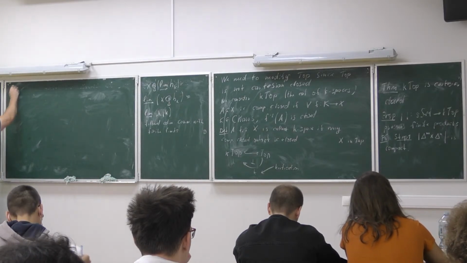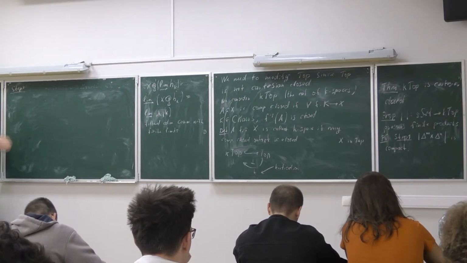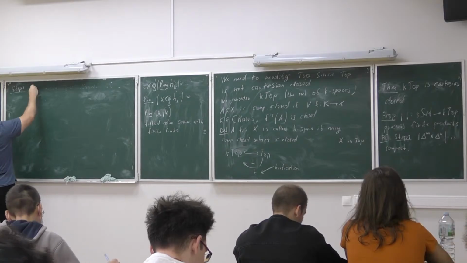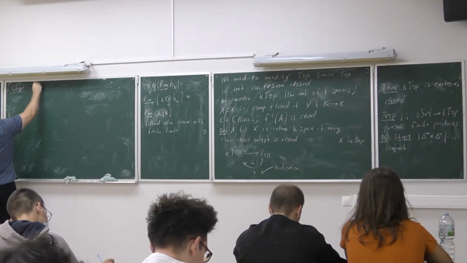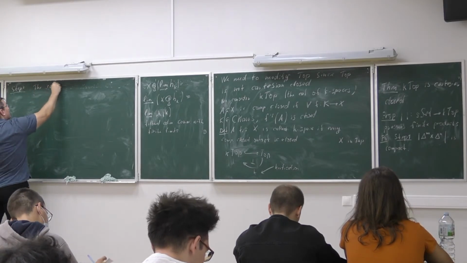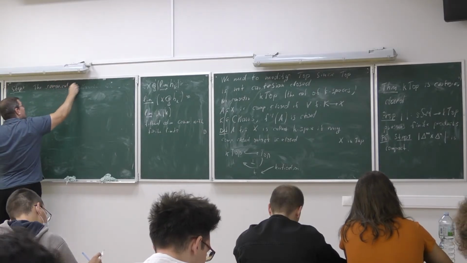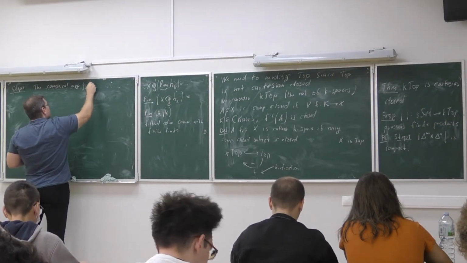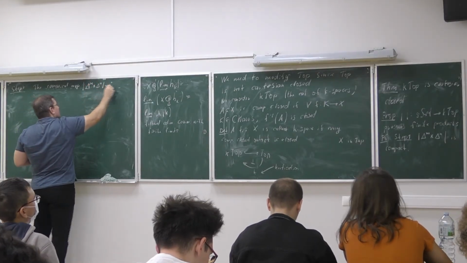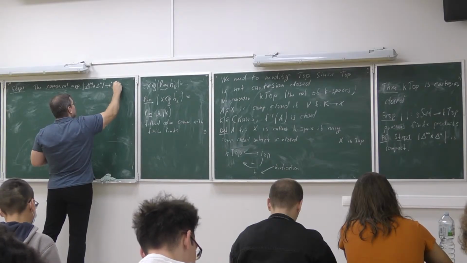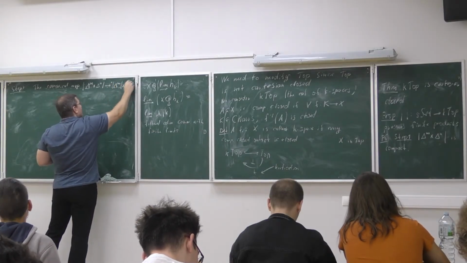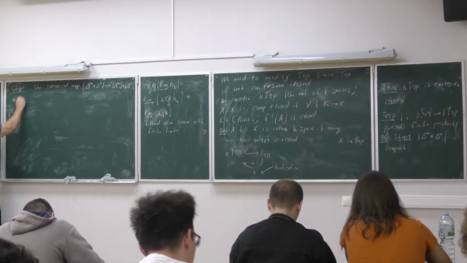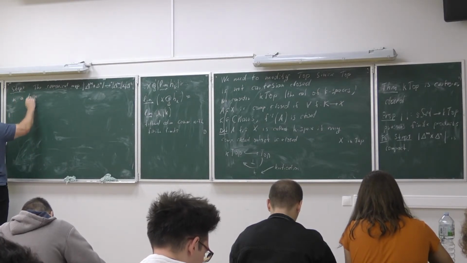Now, step two, which is just another observation from general topology. The canonical map from the geometric realization of the product of standard simplices to the product of geometric realizations is a homeomorphism.